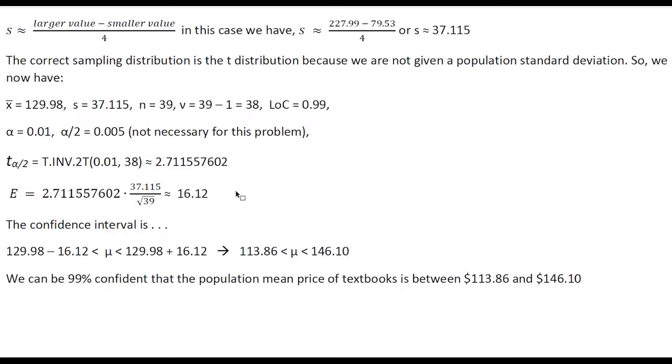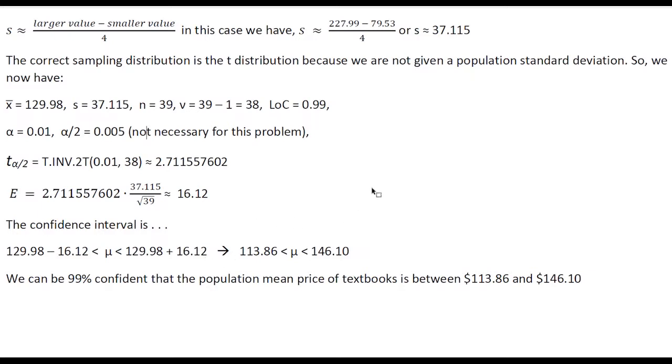And just like all other confidence interval problems, we have to find E. If you remember the formula for E, it's t sub alpha over 2 times S, or any approximation that I get for S, divided by the square root of n. In this case, it comes out to be approximately 16.12. Since that's E, we subtract that value from my sample mean, and we add that value to my sample mean.